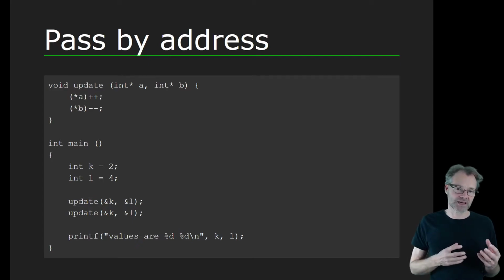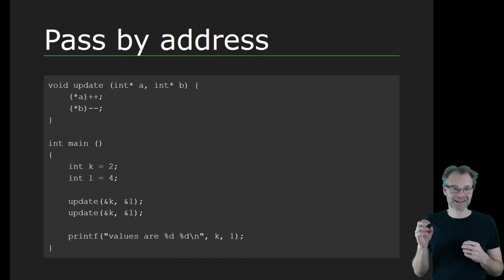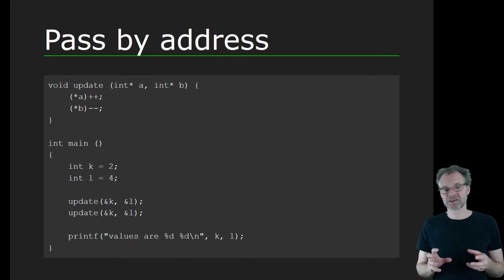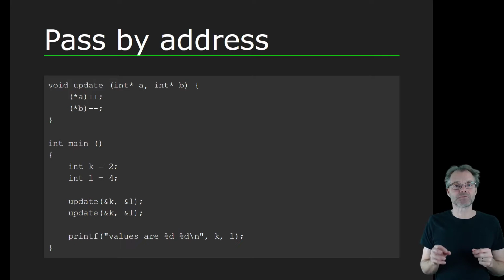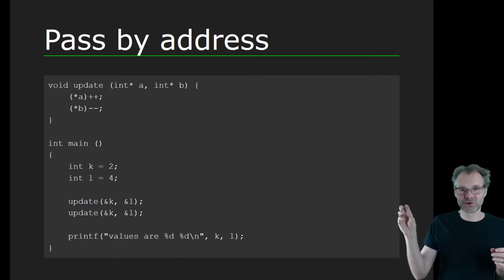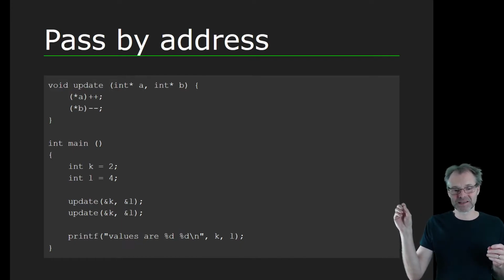So we can do this in C, but it is not called pass by reference. It is basically called pass by address, and we solve this using pointers. So we will learn more about pointers in other sessions, but let's just quickly review how this example is done.